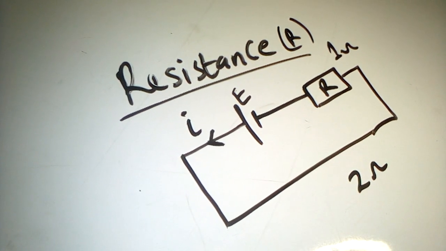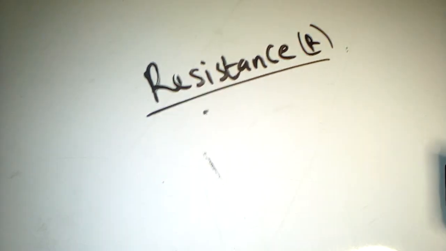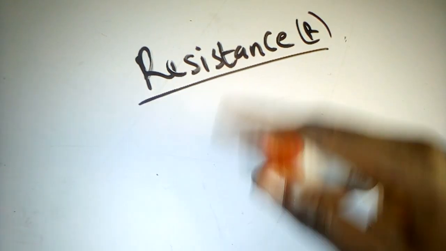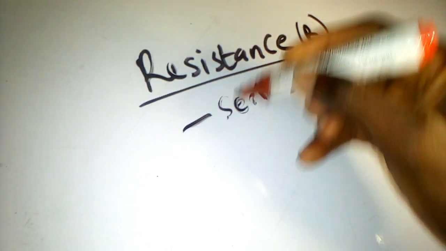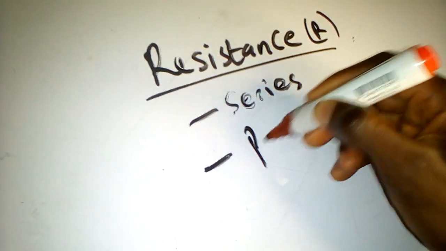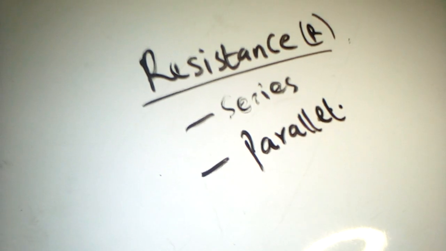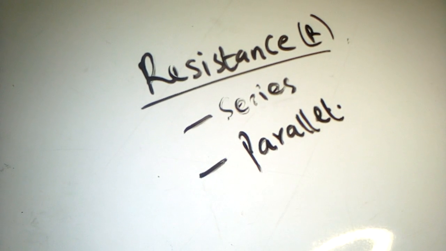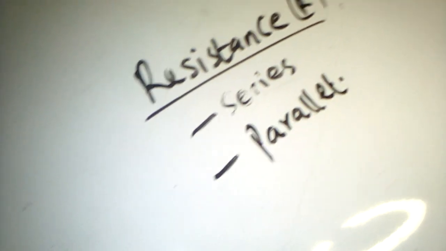So what are the two possible arrangements we can have for resistors? We can have resistors connected in series, and we can have them connected in parallel. What is the implication of connecting resistors in series, and what is the implication of connecting them in parallel? We're going to discuss that now.